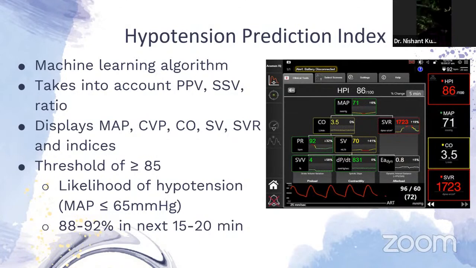The moment that the number reaches 85, that means that in the next 15 to 20 minutes, there is a likelihood, 88 to 92% chances, that the MAP will go down below 65 mm of Hg. And based on these parameters, whether it is CVP, cardiac output, SV or SVR, appropriate therapy has to be initiated, be it fluids, vasodilators, vasopressors, or inotropes. So based on this, next please.